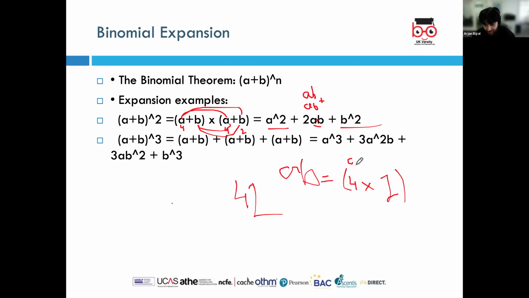The A is here and the B is here, and that can be written as just an AB. And if I wrote 2 times 4, it's still the same thing, right? It can be written differently. So that's why when I say it's BA, it's still AB, because the letters can be moved around as long as it's the same thing. And that's how we've got the two AB, because there's two of them.